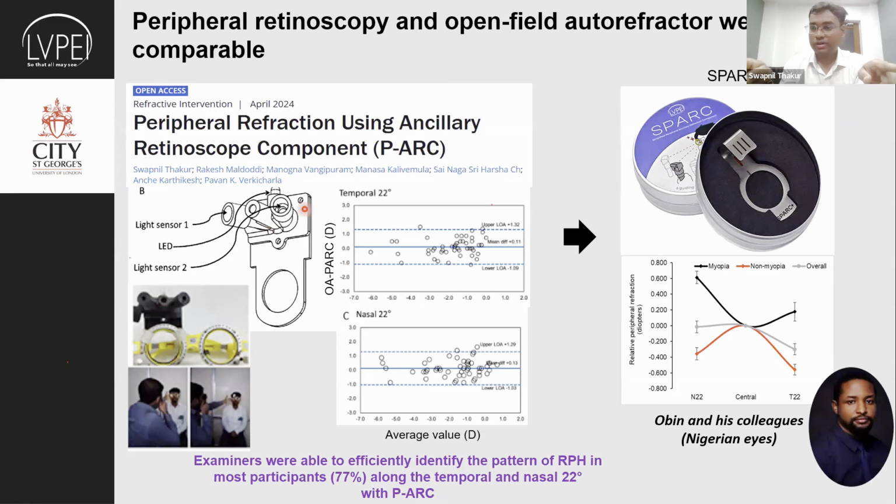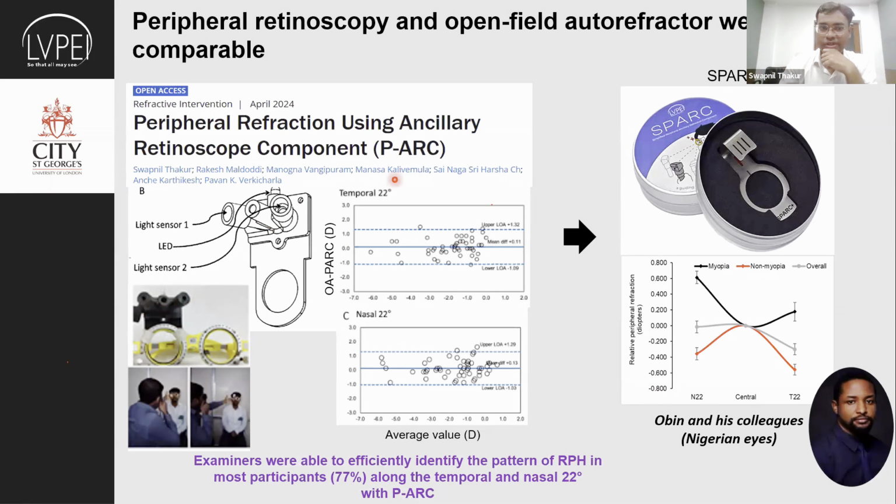The extended arms on the right and the left are aligned to 22 degrees. The moment the examiner throws the retinoscopy light at that arm, it will indicate that the examiner is aligned to 22 degrees and can perform peripheral refraction.